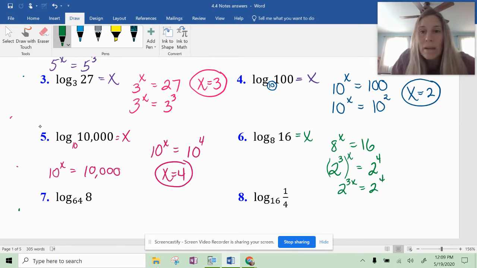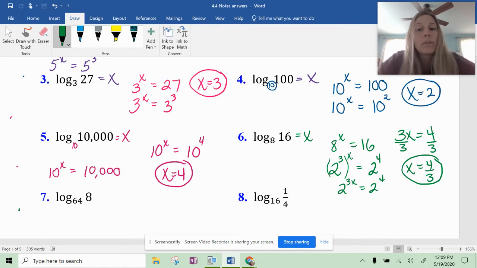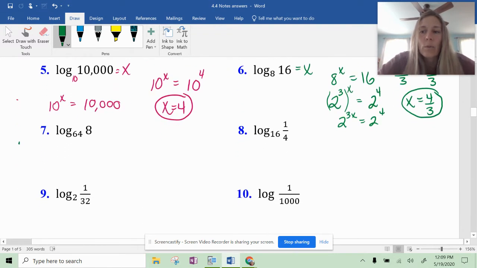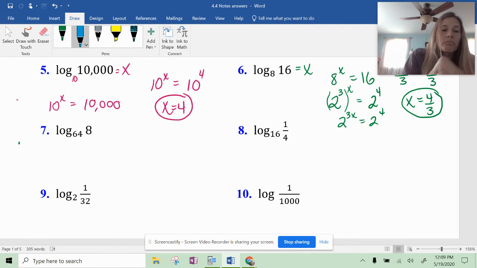We don't need those bases anymore. Once they're the same, you basically can just get rid of them. And now I have 3x equals 4. Divide by 3, so x equals 4/3. So that's one that you may not be able to do in your head, the way 1 through 5 are a little bit easier. You could have probably just figured those out. So that's why you want to understand how to equal the bases.